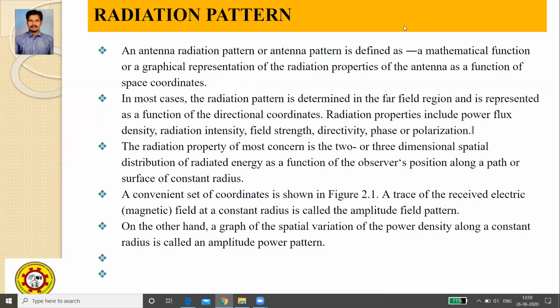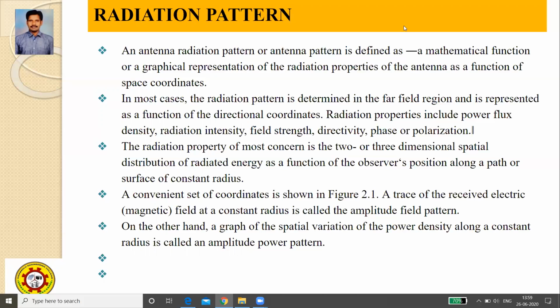With this radiation pattern, properties like radiation intensity, field strength, directivity, phase, and polarization are well explained by the radiation pattern.